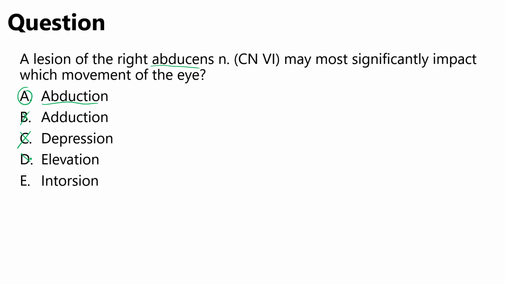So that would be cranial nerve 3 as well. And intorsion would be either the superior rectus or superior oblique. So either 3 or 4. So that's not right. The only action that 6 performs is abduction. That's why A is the correct answer.